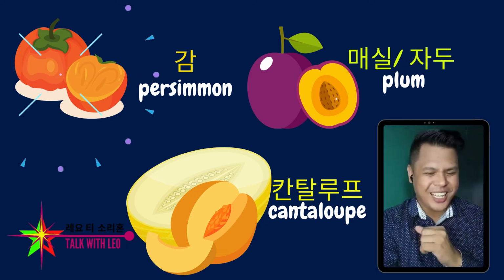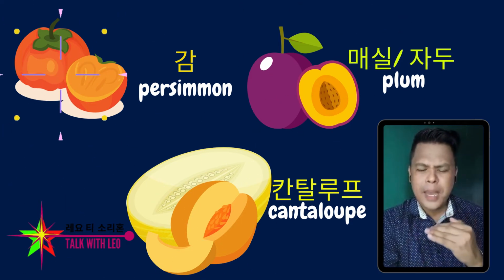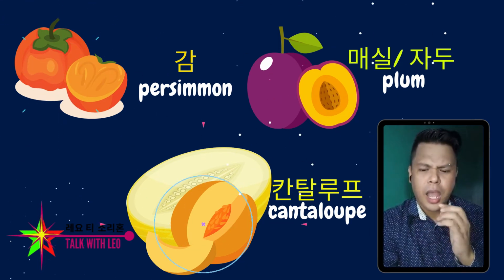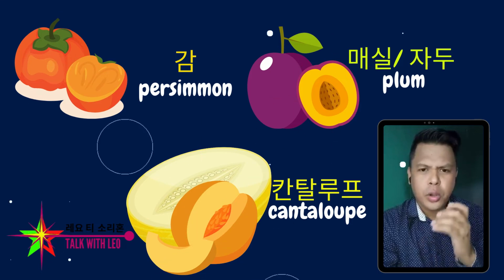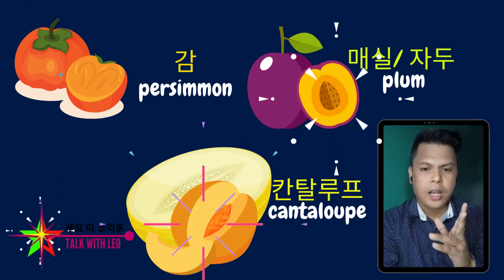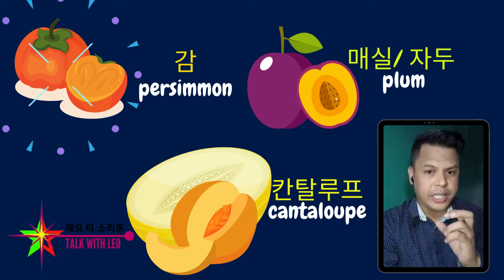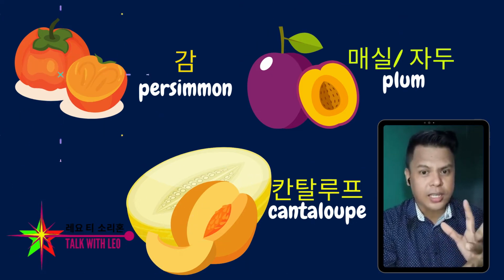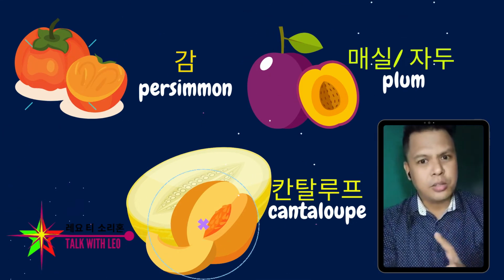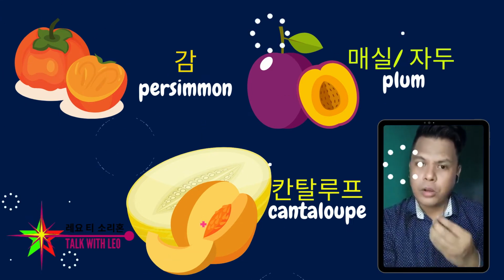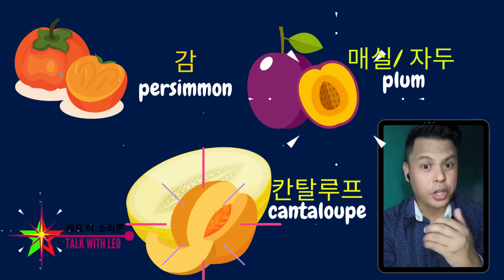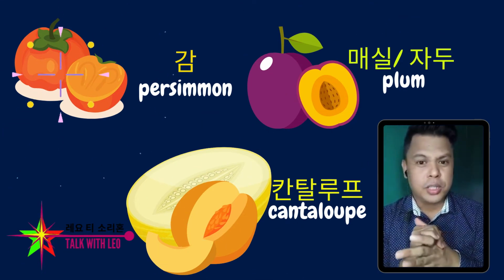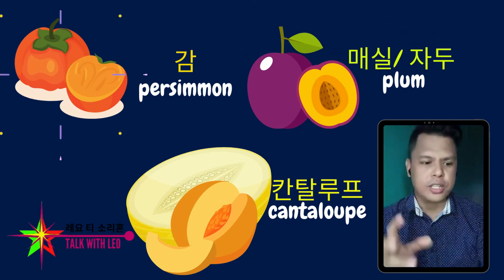And the next one is plum. We do have maesil, and we do have jadu, right? This maesil, which is still a plum, turns purple, so it becomes violet when it ripens. The other one, jadu, which is also a plum, turns red when ripe. It's reddish in color. That's jadu in Hangul.